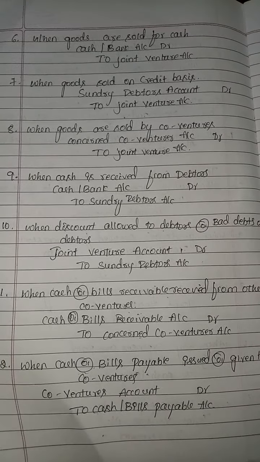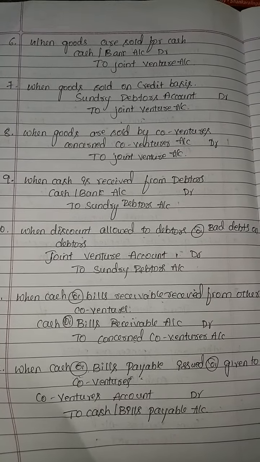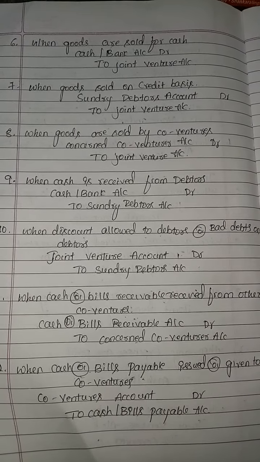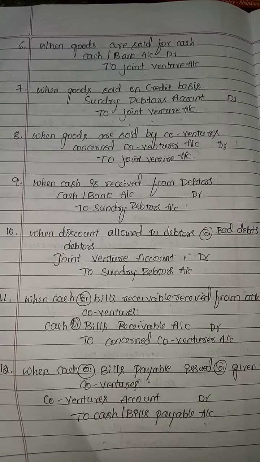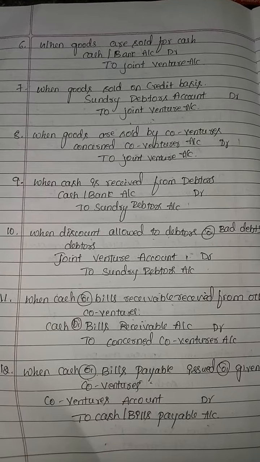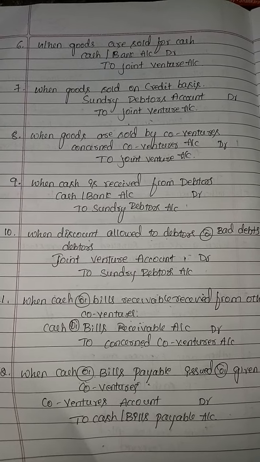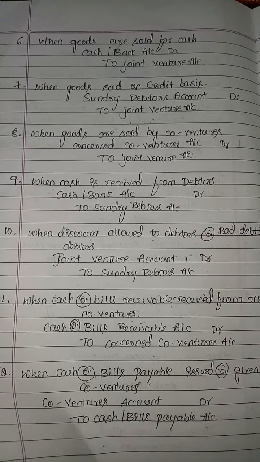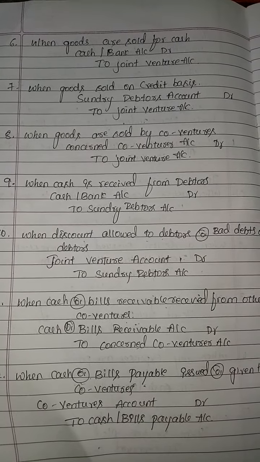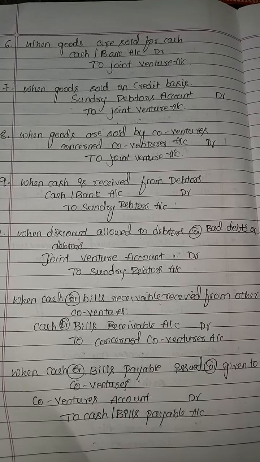The next situation, when discount is allowed to debtors or bad debts on debtors. If any discount is allowed on goods sold on credit basis, at that time the entry will be joint venture account debit to sundry debtors account.